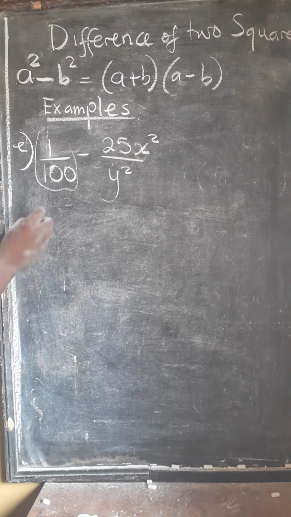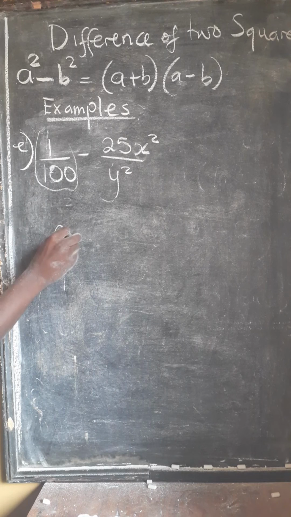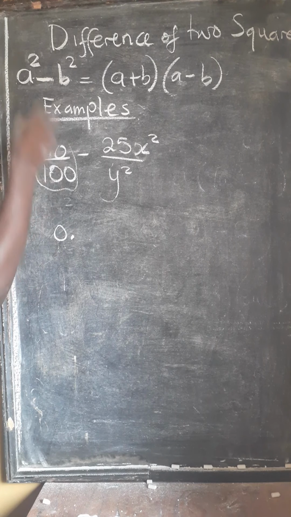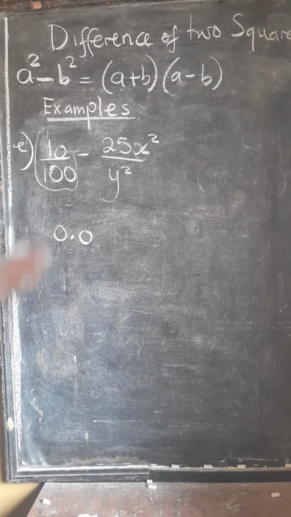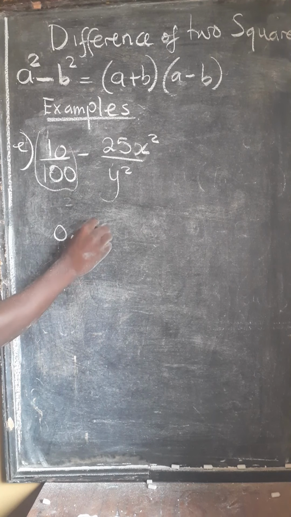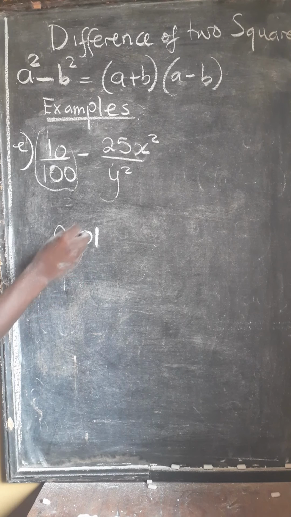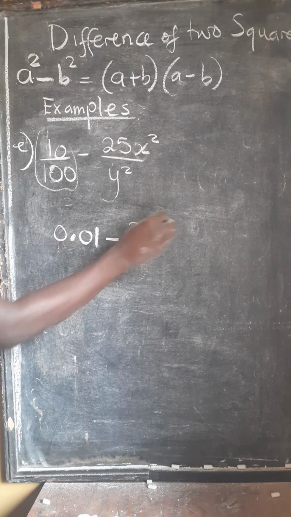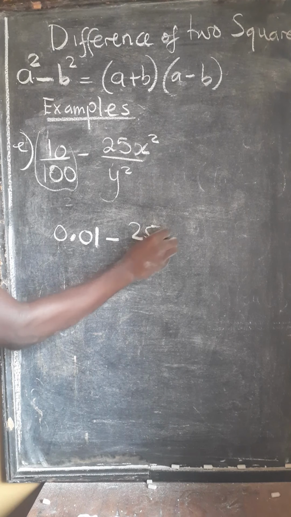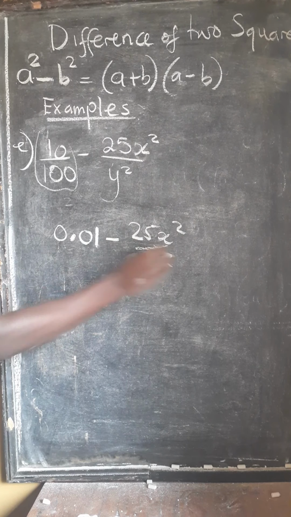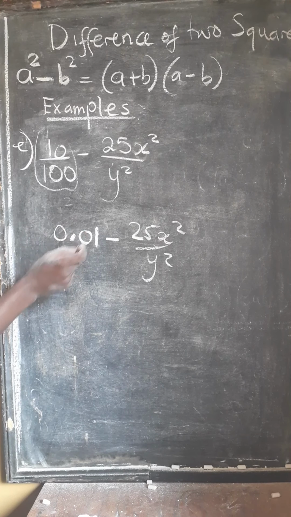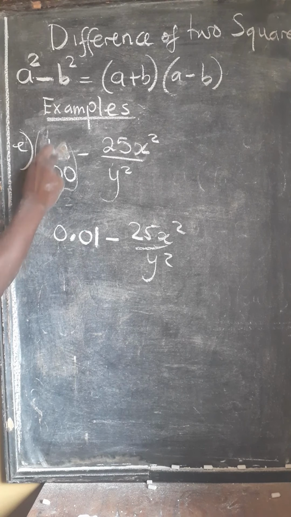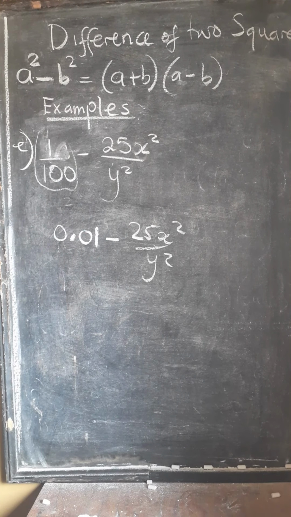We know that 100 into 1 can't, so it will be 0 point. Again, into 10, it can't. Then they'll say factorize this one, minus 25x squared over y squared. So the first thing we're supposed to do is to convert this back in the manner that we can easily simplify it. This is what you get to.